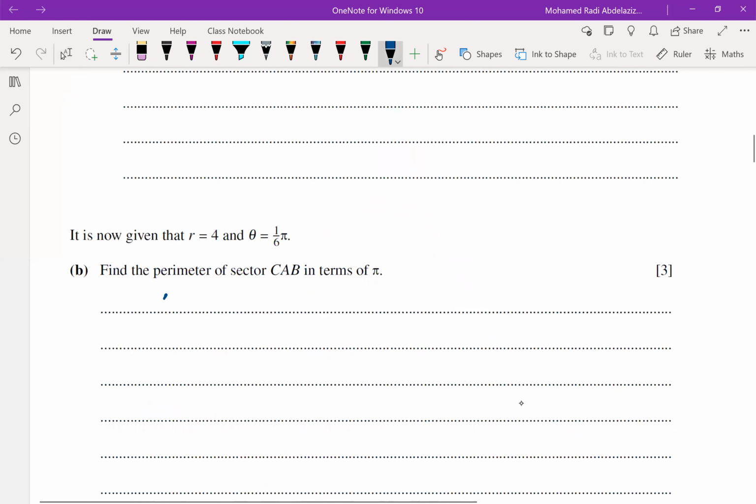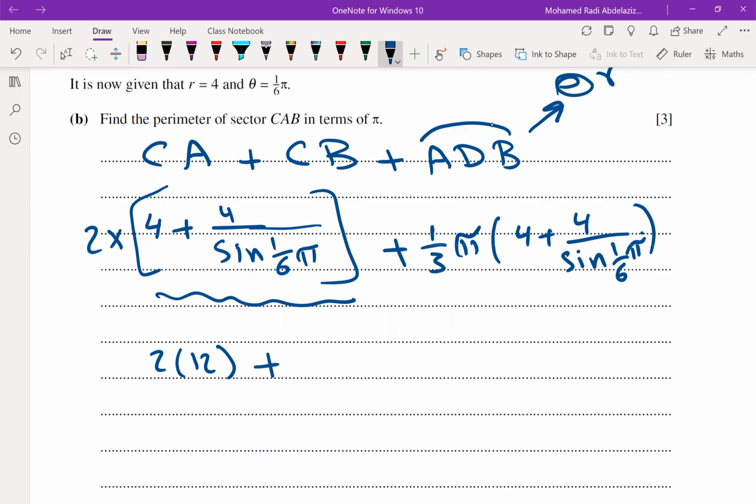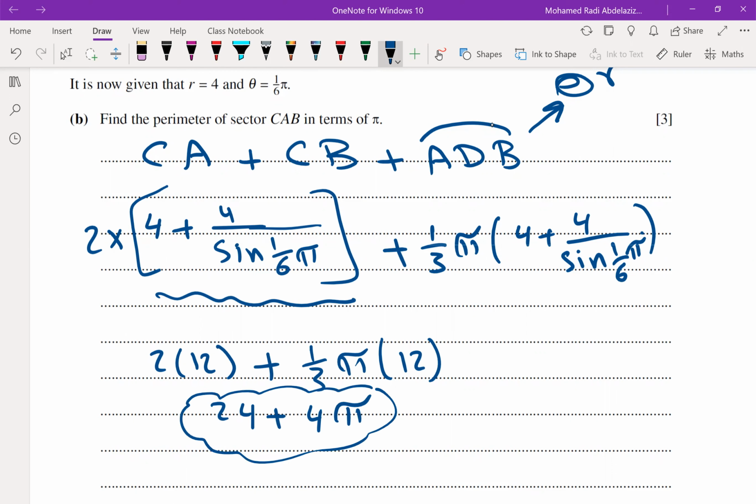Then simplify and get your answer. If I calculate this value, you will get 12 plus a third pi times 12. Simplify, it will be 24 plus a third of 12, which is 4 pi. This is the final answer in terms of pi as it's written in part B.